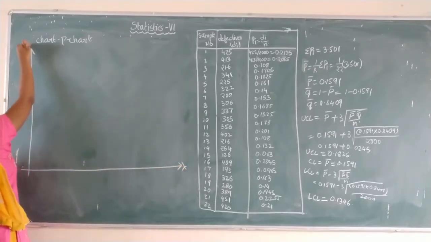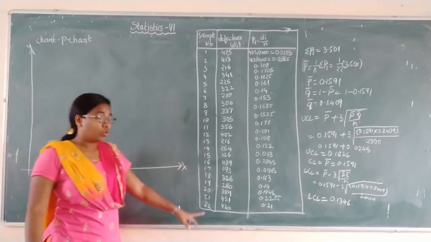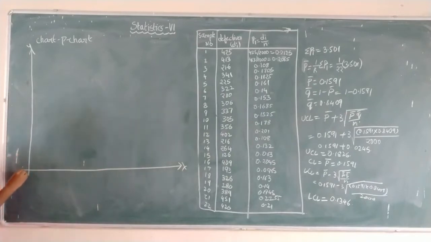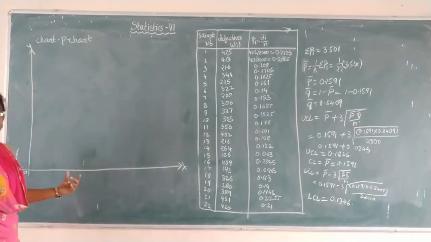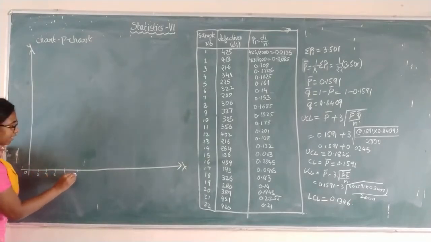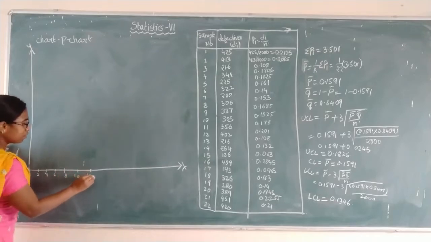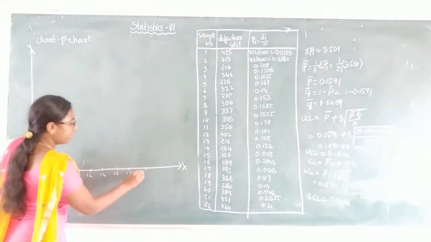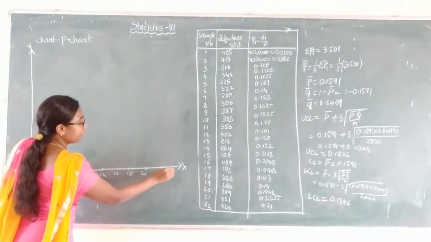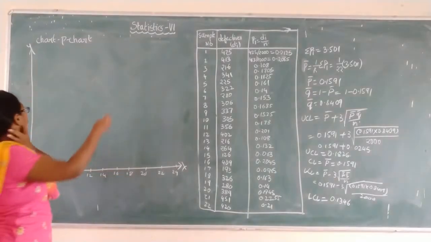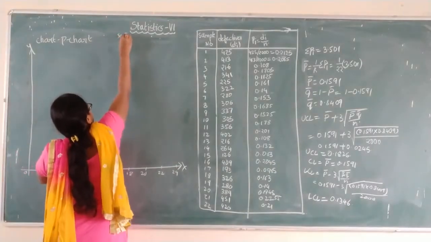How many samples do we have? Total 22 samples. Representing 22 samples on a small graph is not easy, so I am taking the scale on the x-axis as 2, 4, 6, 8, 10, 12, 14, 16, 18, 20, 22, 24.